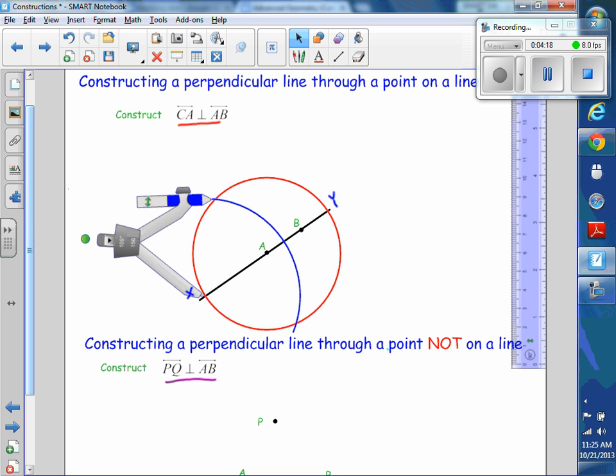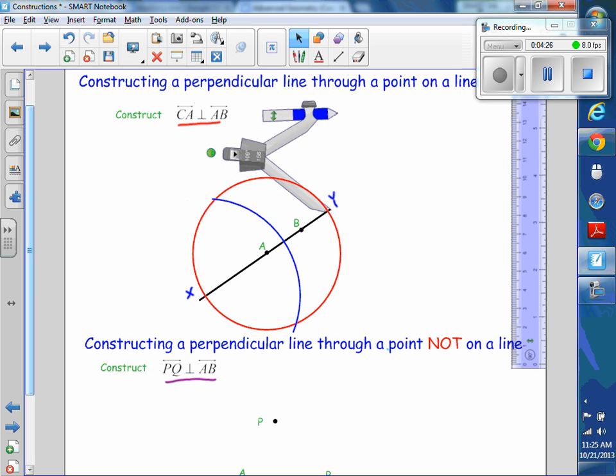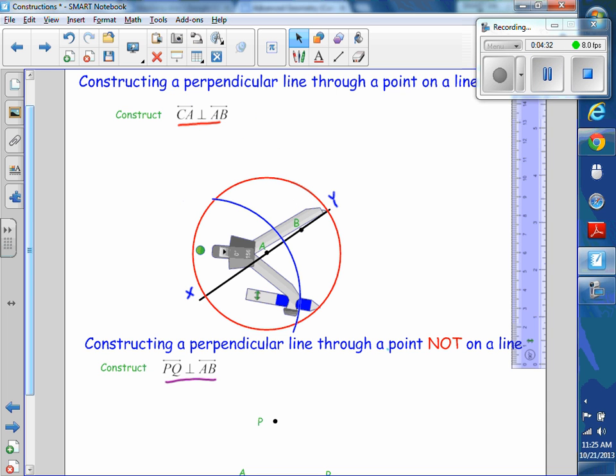Are we good so far? Now I'm going to pick my compass up and do the exact same thing with the same setting over here. That's okay, your circles don't move like mine did.